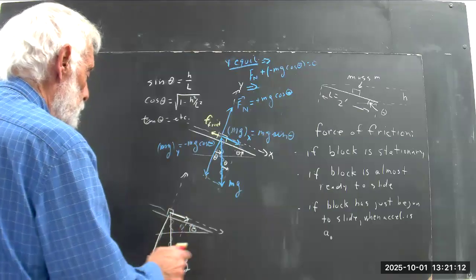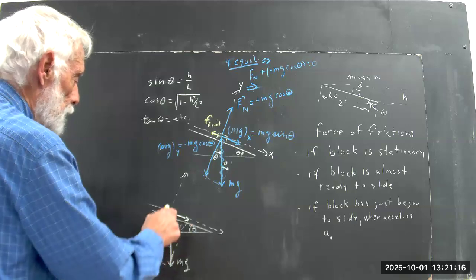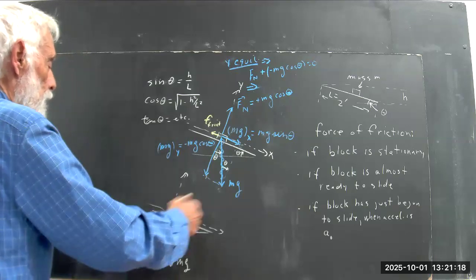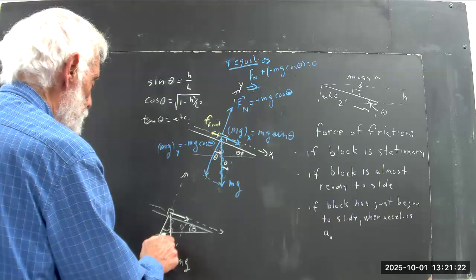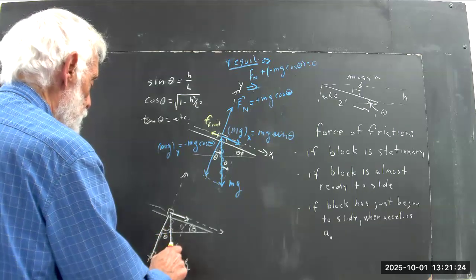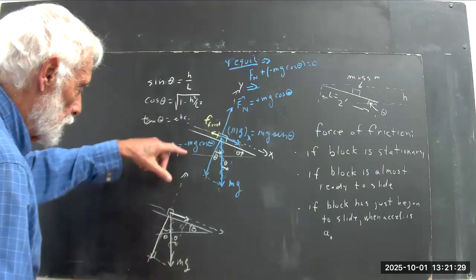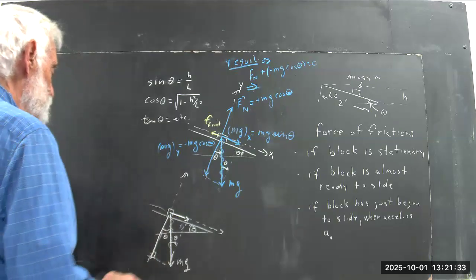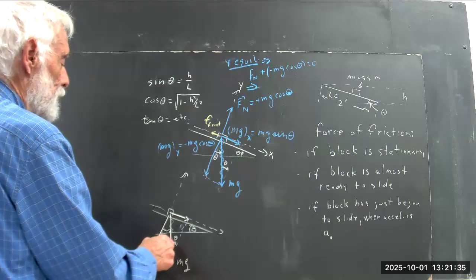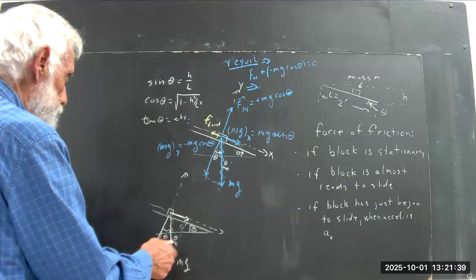This component, well, where's your angle theta? To get these components, you have to know the angle of mg with one axis or another. Well, the angle is theta here. And of course, you have theta here because this projection line is parallel to the y-axis. So these angles are opposite sides of a transversal, and they're equal.